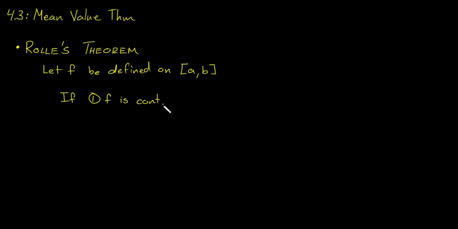That's our first step. Give me a defined function, and you tell me it is continuous. And 2, f is differentiable. Have you guys written down the word differentiable? I use "diffable." What does it mean to be differentiable?